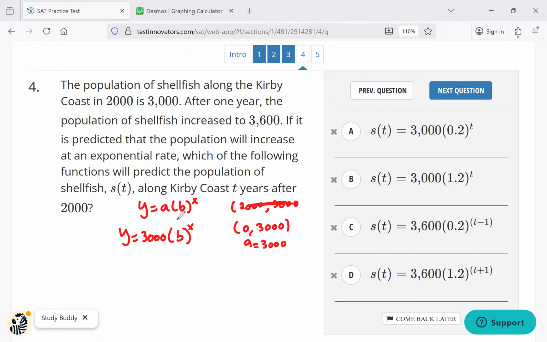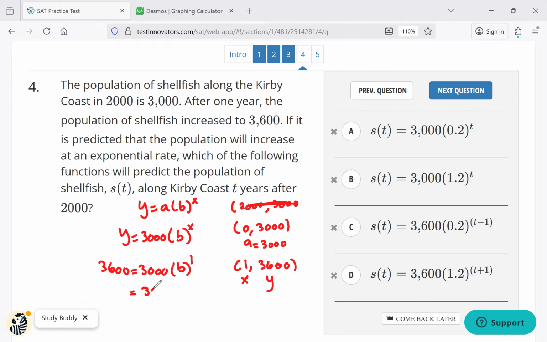Now, how do you find b? They actually give you another point. It says after 1 year, the population of shellfish increased to 3,600. Do not put 2001, 3,600. It's actually going to be (1, 3,600). So this is your x, this is your y. Replace my y with 3,600 and my x with 1.